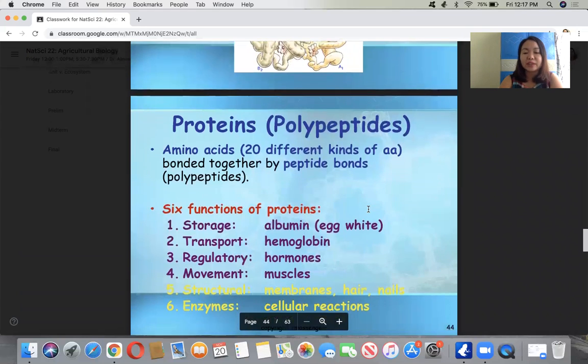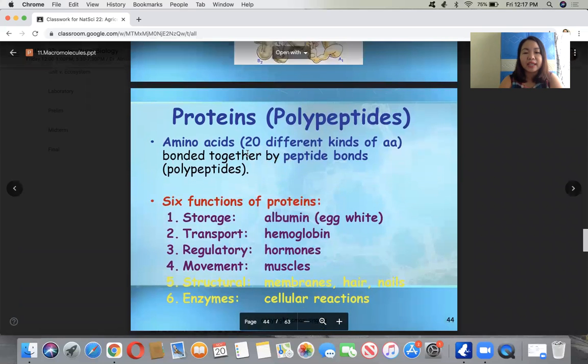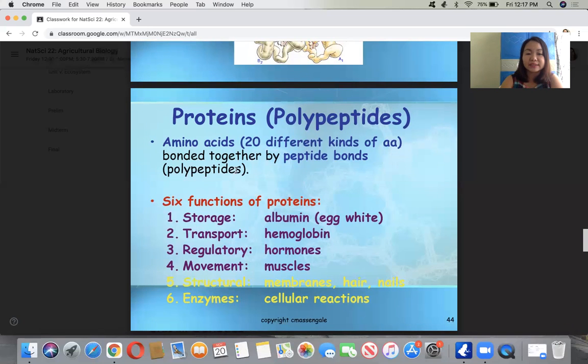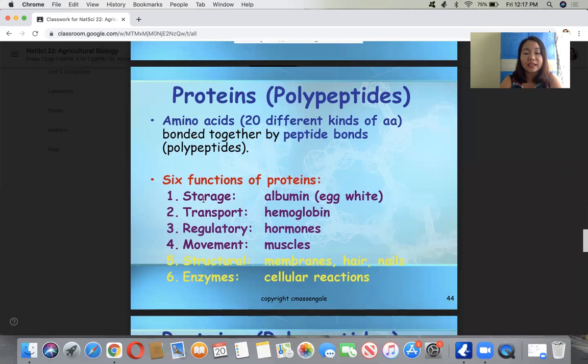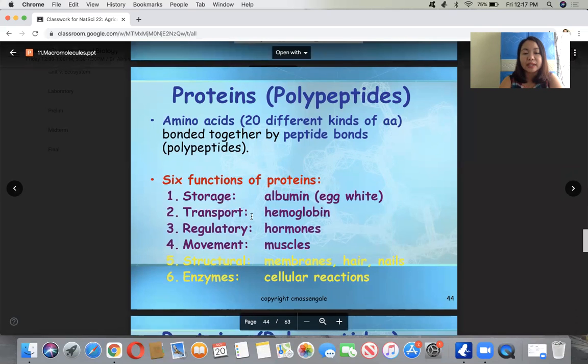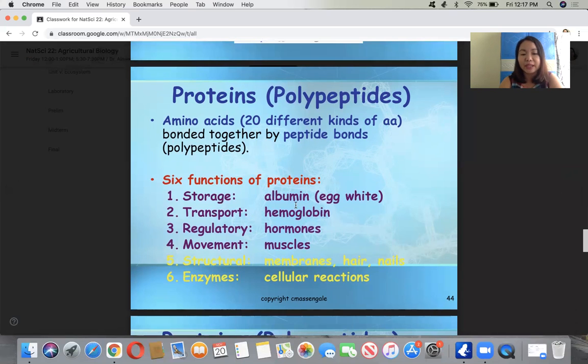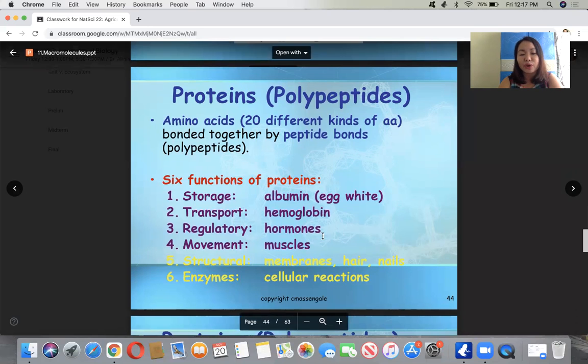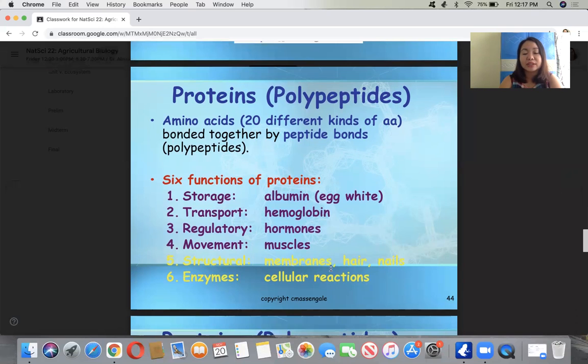So proteins or polypeptides contain amino acids, about 20 different kinds bonded together by peptide bonds. They have 6 functions: storage, like albumin in egg white; transport, like hemoglobin; regulatory, for hormones; movement, for muscles; structural, for membranes, hair, and nails; and enzyme, for cellular reactions.